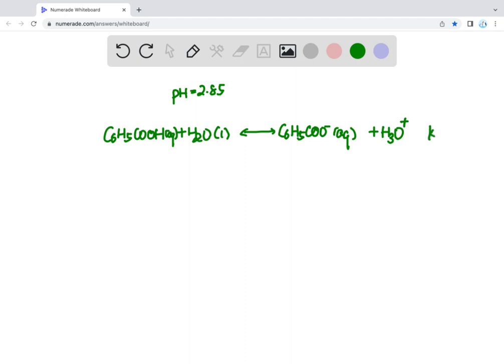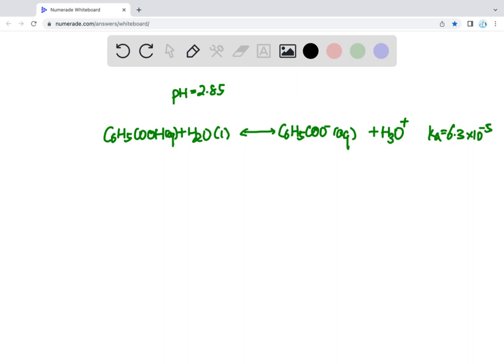So we know the Ka of this reaction is 6.3 times 10 to minus 5. So the first thing is we want to know the concentration.